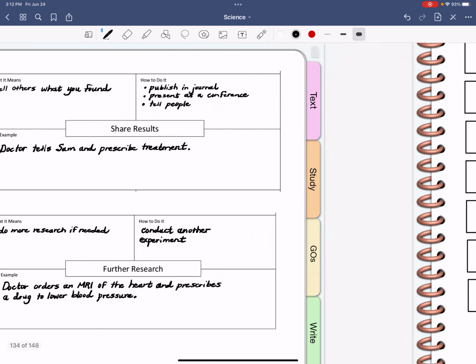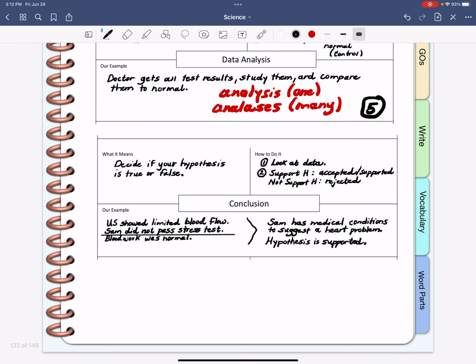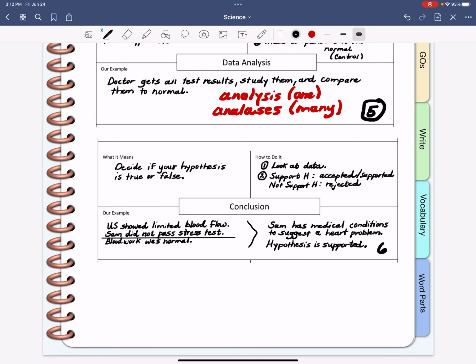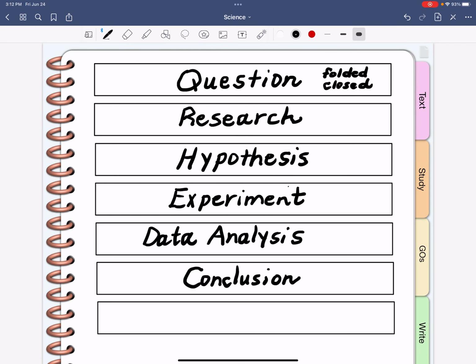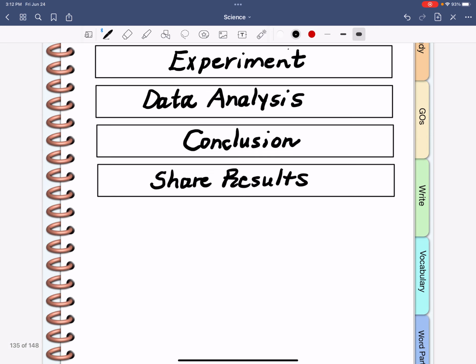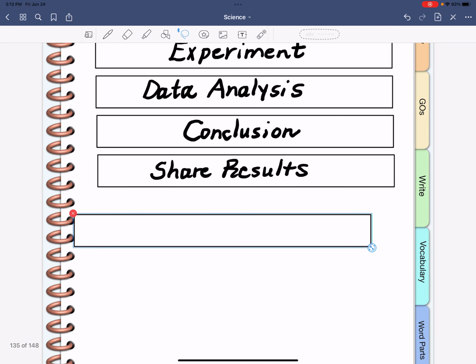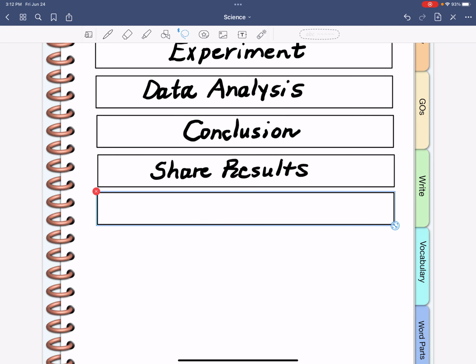And is that what we called it? Yes, it is. So number 6 is conclusion. Number 7 is share results. And then the final step, which can lead to this process starting all over again, is further research.